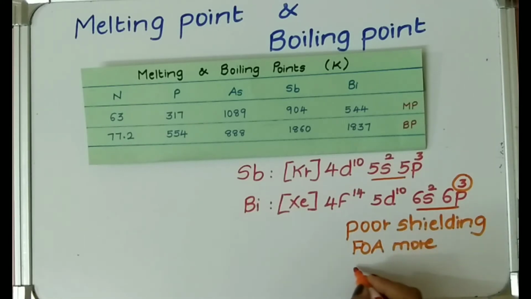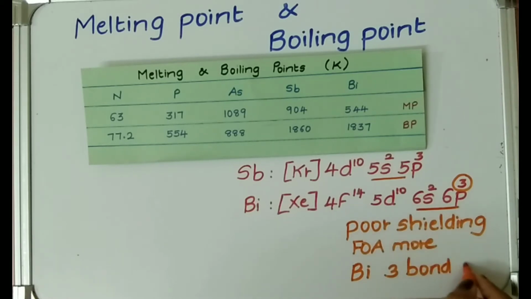Therefore, bismuth will form 3 bonds, correct, and this is also called the inert pair effect. The s electrons are not taking part in the bond formation, so it is called the inert pair effect, right.